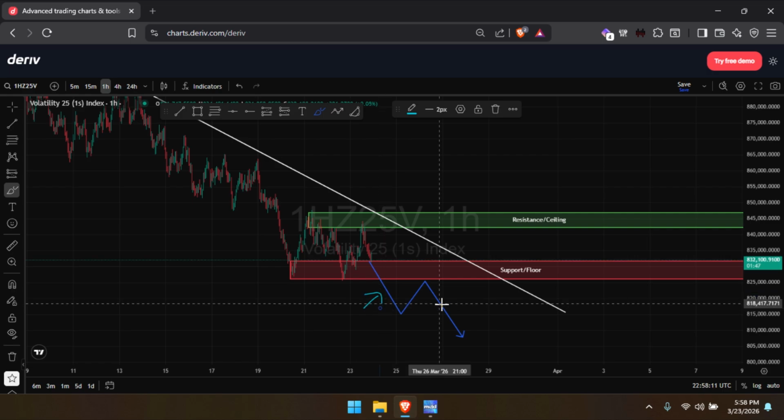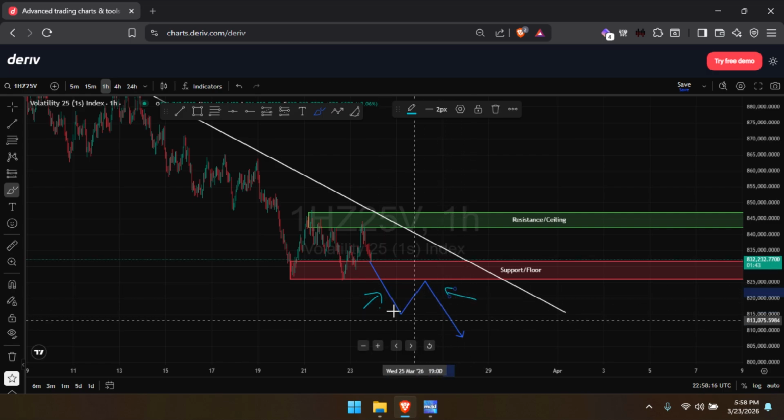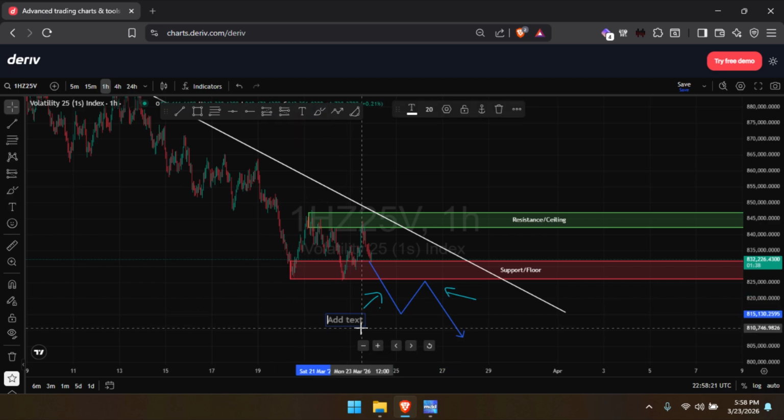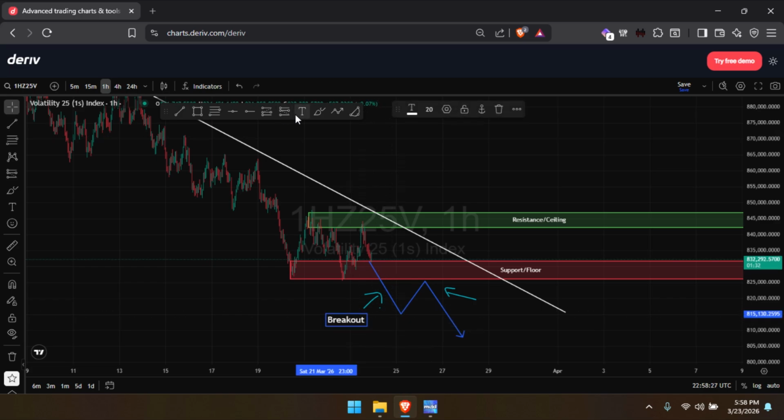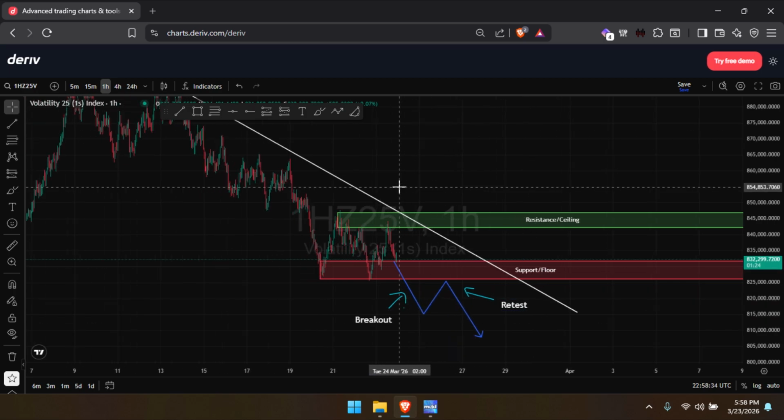So let's just label that. All right, so let's just give it a name where the breakout took place, and where the retest took place.